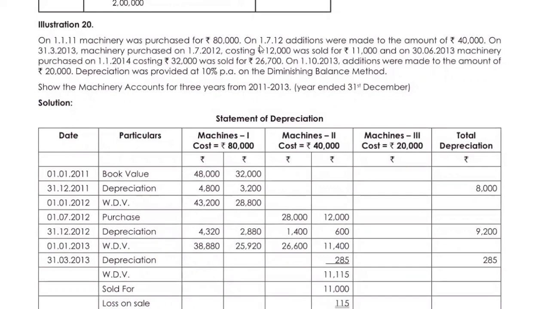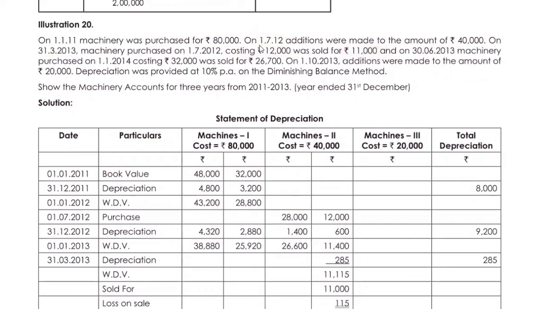Let's read the question. On 1st of January 2011, machinery was purchased for 80,000. On 1st of June 2012, additions were made to the account of 40,000. On 31st 3 2013, machinery costing 12,000 was sold for 11,000.